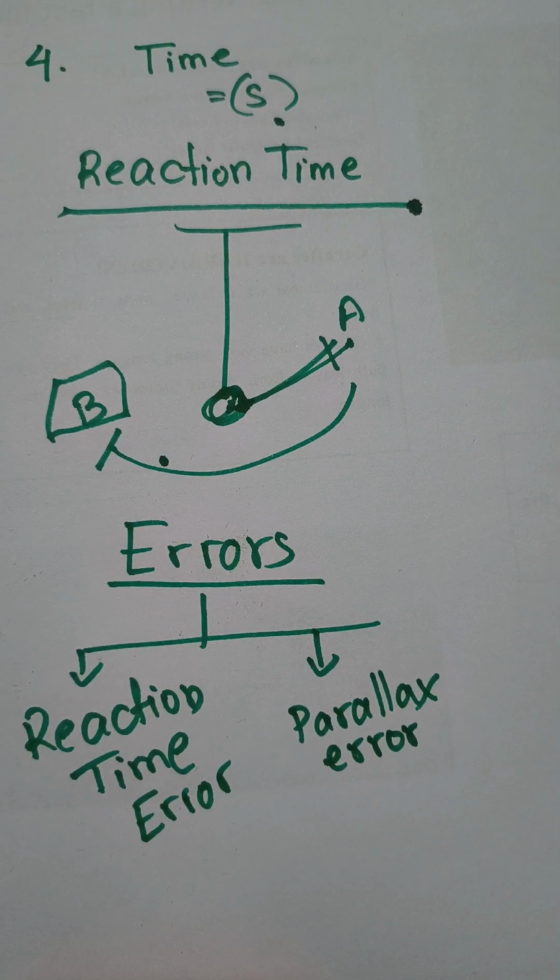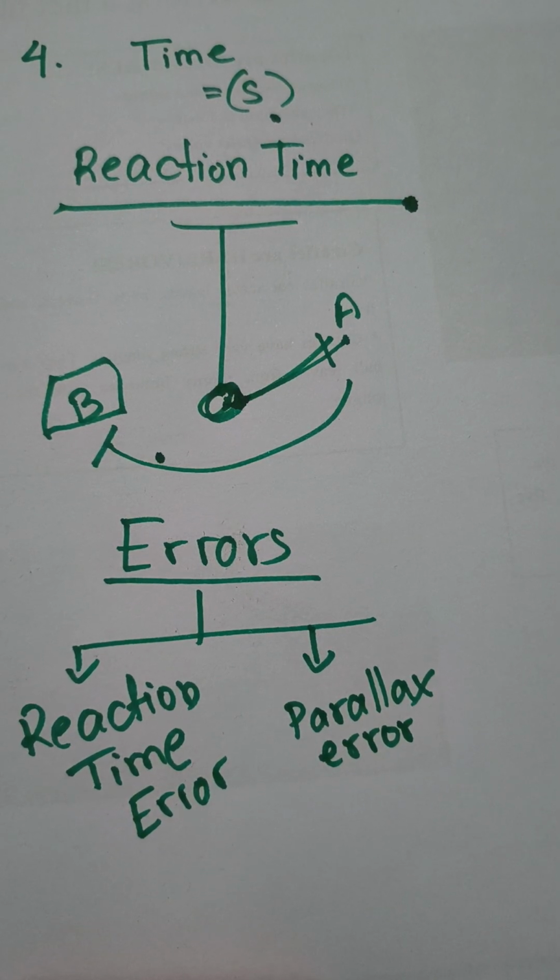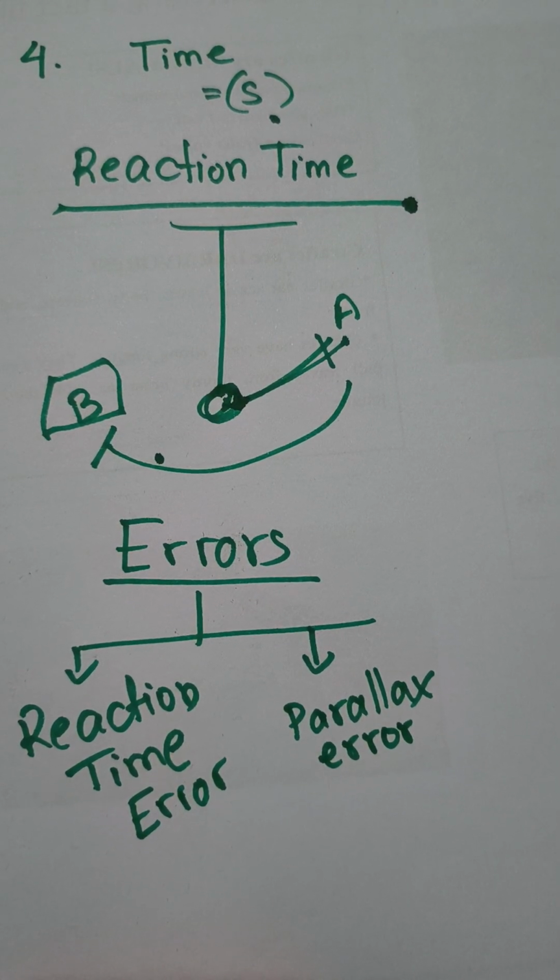The parallax error is when your eye doesn't look exactly over the mark on the scale, and this causes the parallax error. And the third error that may occur is called the systematic error.